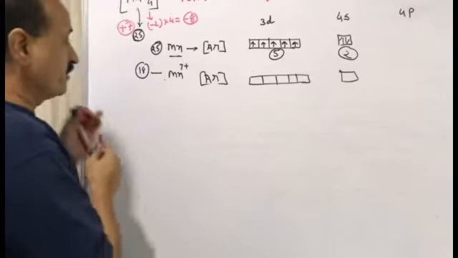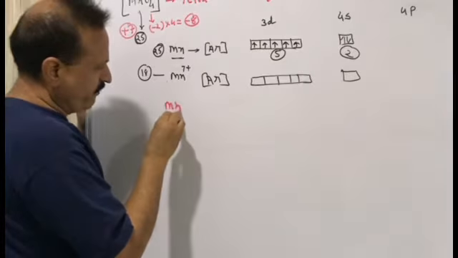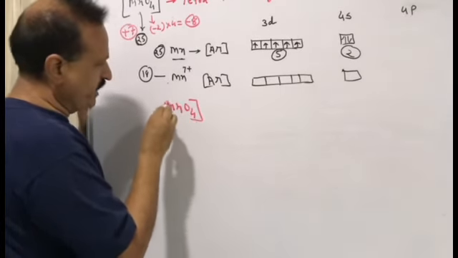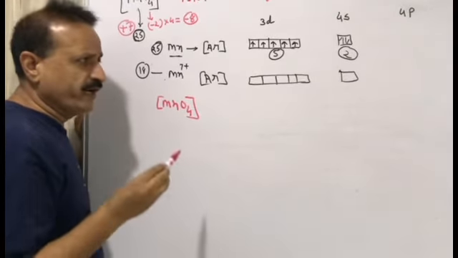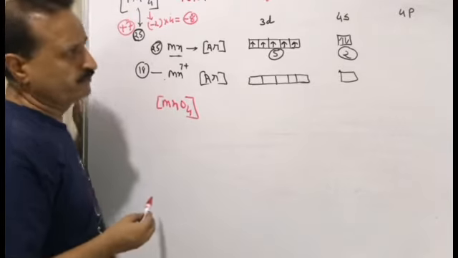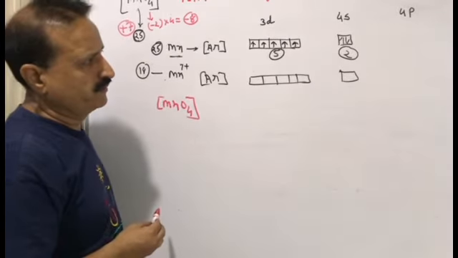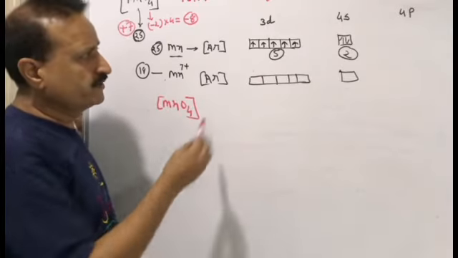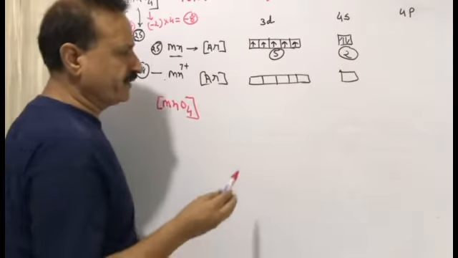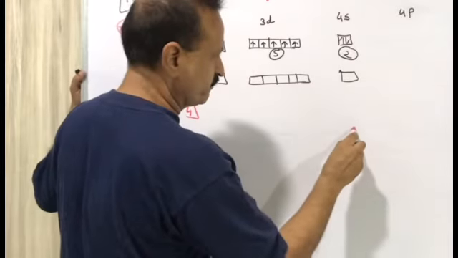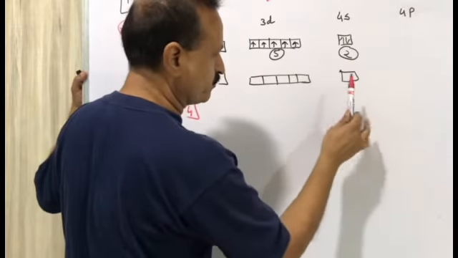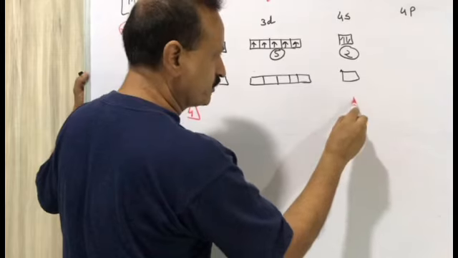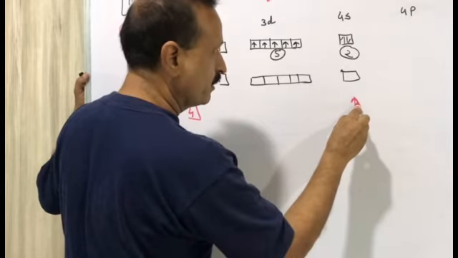Now we have the complex ion MnO4 minus. We have to donate 4 electron pairs to the d orbitals and s orbital. First, one oxygen will donate an electron pair in the outermost orbital 4s.